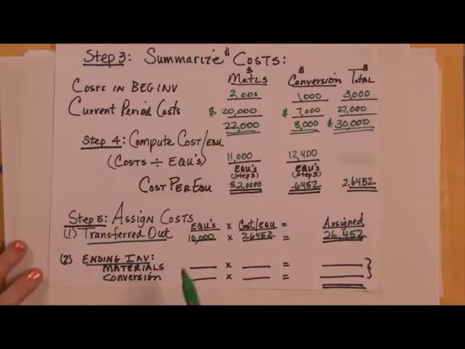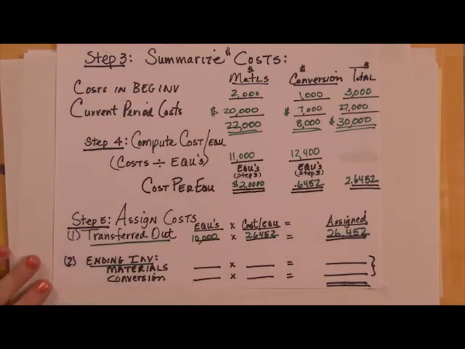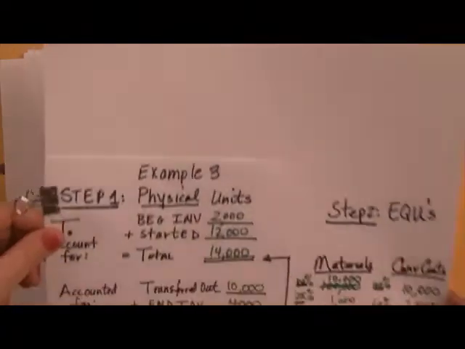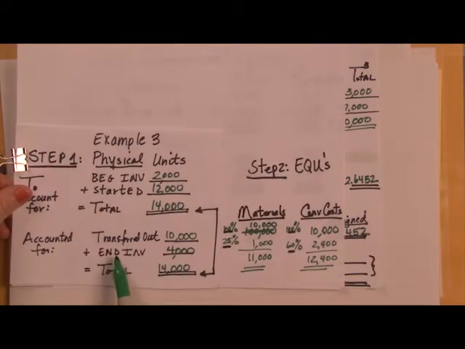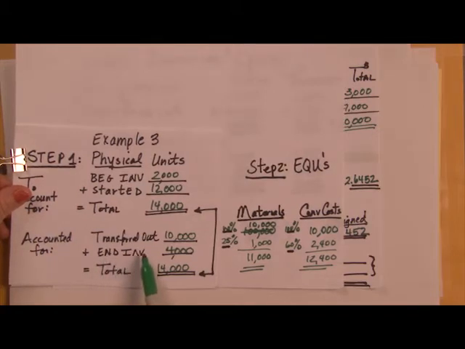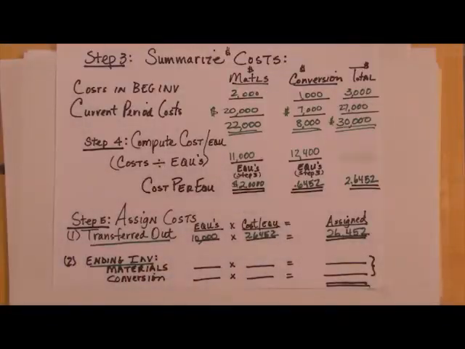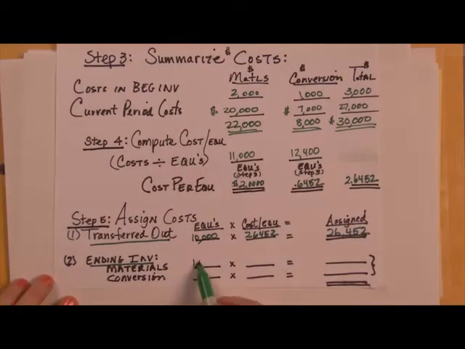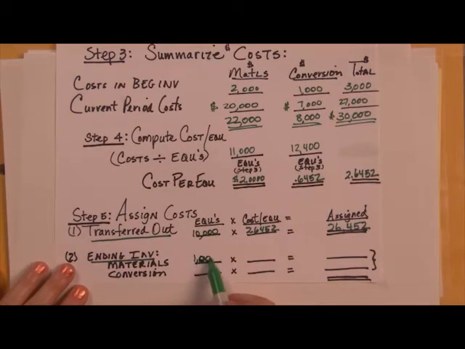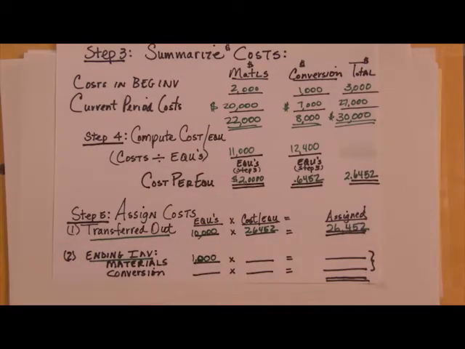Ending inventory, you have to refer to step 2 and look at your EQUs. You need to look at the ending inventory line and look at how many EQUs were calculated. For materials, there were 1,000 in ending inventory. For conversion, there was 2,400.